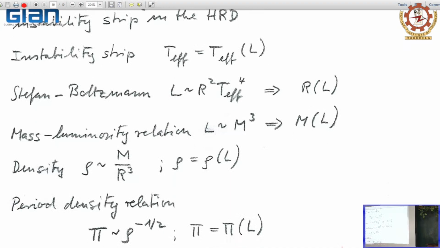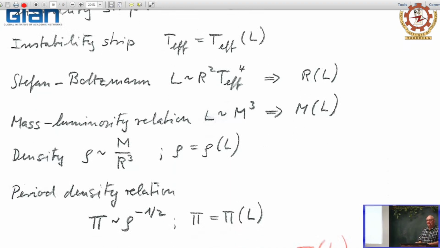Now we know there is a famous period density relation. That means the period of the star goes with rho to the -2. There's no secret behind it. It's simply the dynamical timescale which governs the pulsation of the star. So if the density is only a function of luminosity, then the period will be a function of the luminosity as well.